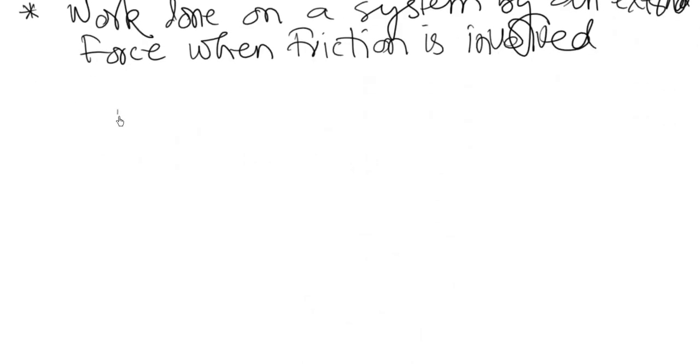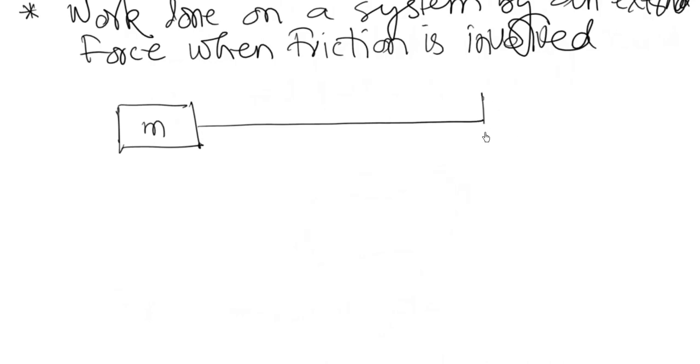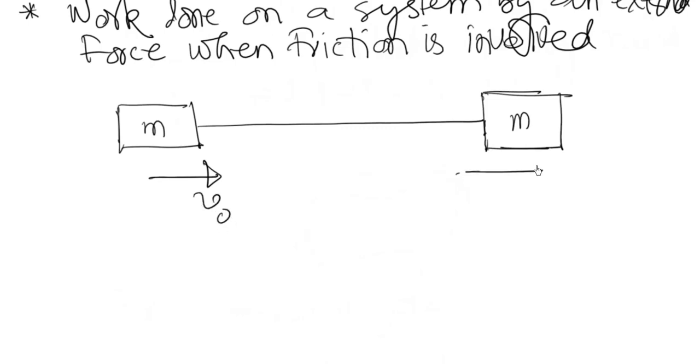Okay, let us suppose that a body of mass m moves to this position, and the initial velocity say was v naught and the final velocity v, and the distance is d, and there is a friction.